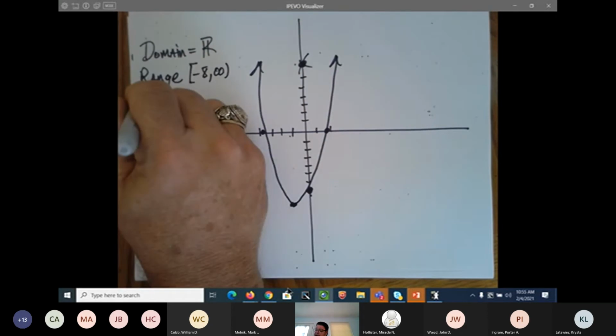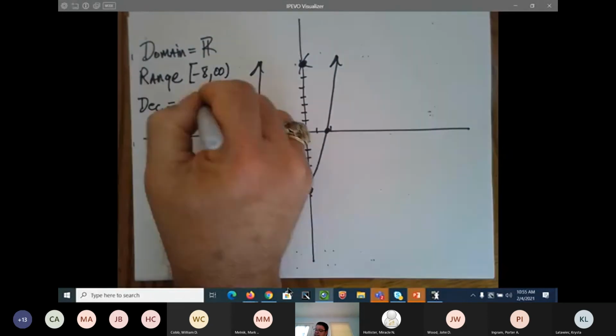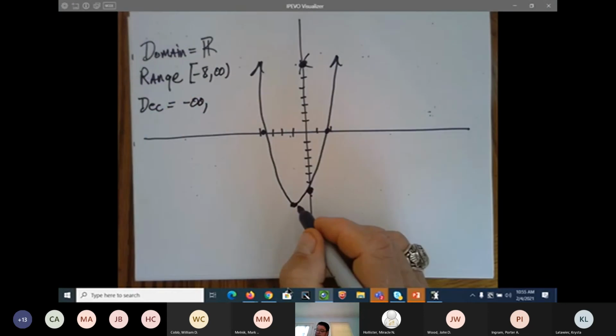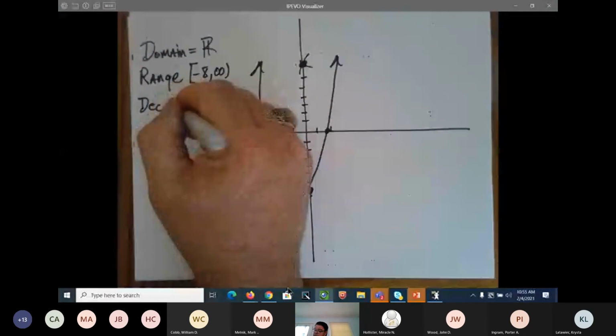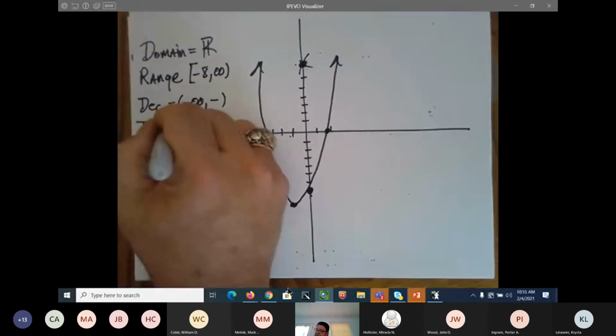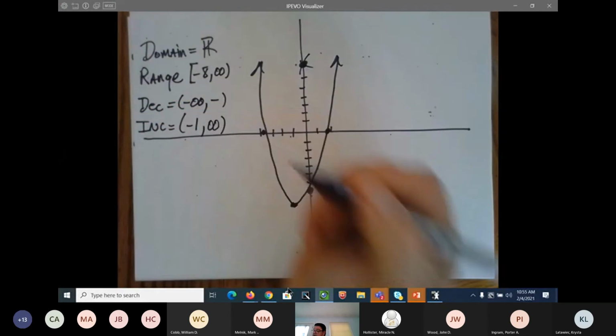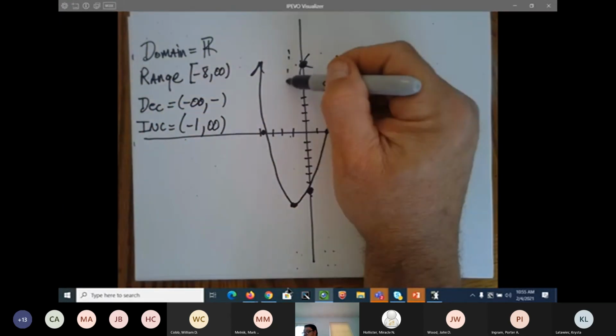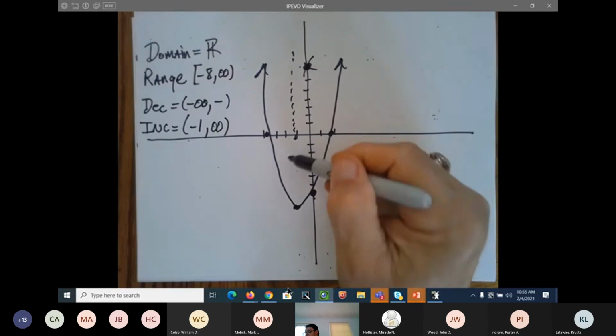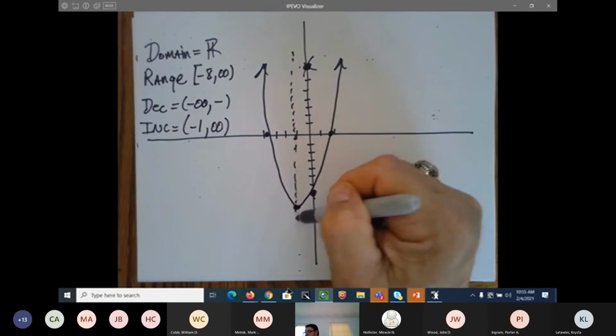Decreasing from negative infinity to negative 1, and increasing from negative 1 to infinity. And the line of symmetry goes through x is equal to negative 1.